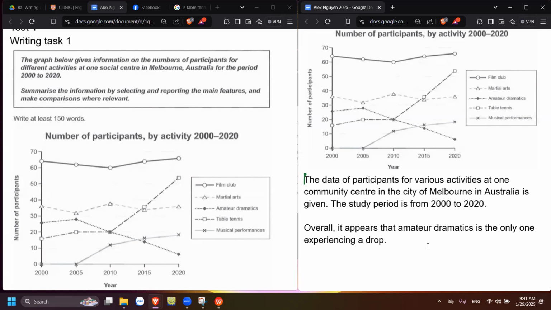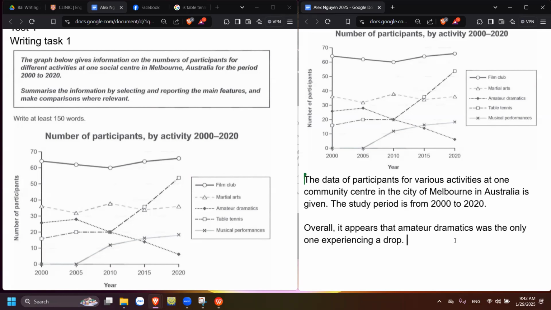No, because we're saying overall already, it means general. All right, it's the only one, because now it's in the past. So it's actually prudent to use past tense a lot in this essay. Was the only one experiencing a drop. And what else can you say?